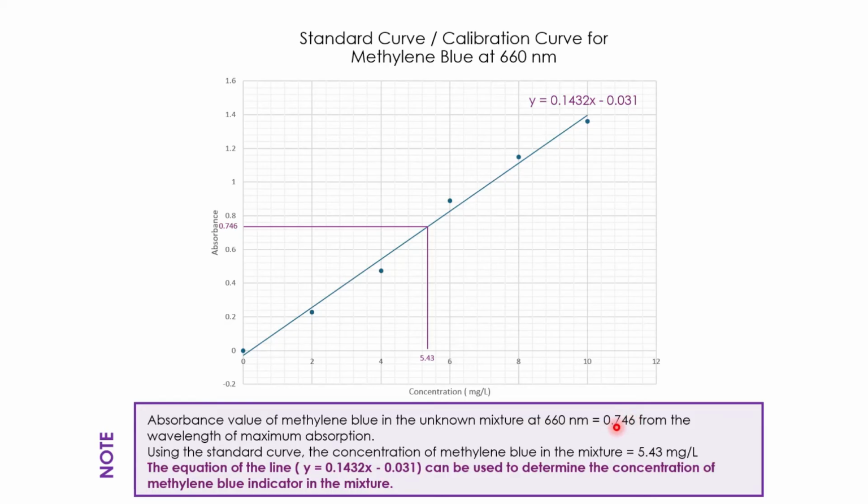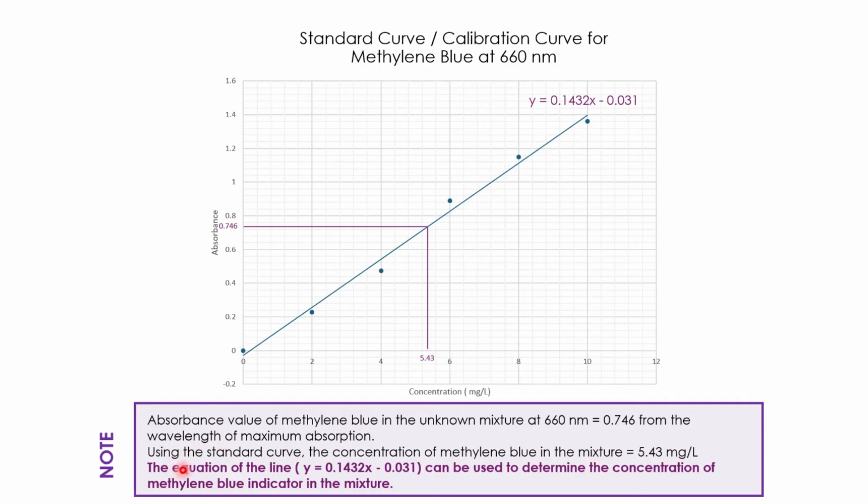We know that the absorbance value for the methylene blue in the unknown mixture at the wavelength of 660 nanometers is 0.746 from the experiment that we did to determine the wavelength of maximum absorption.